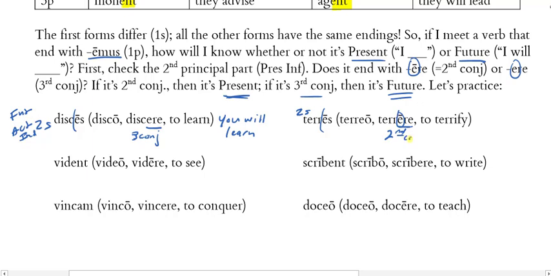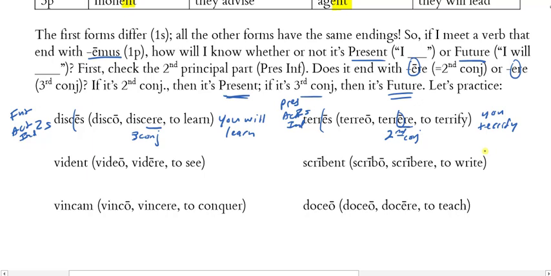That's second conjugation. All right? And so what does that tell me the tense must be? It must be present active indicative. And so I'm not going to translate this as future, but as present. You terrify. You terrify me, sir. Not you will terrify.